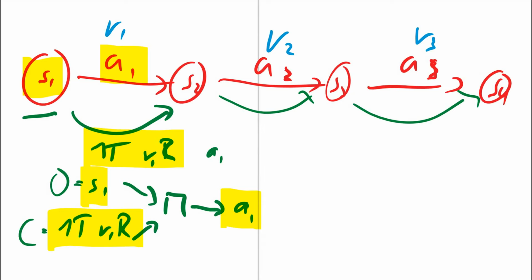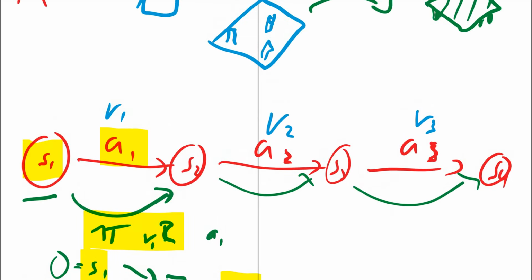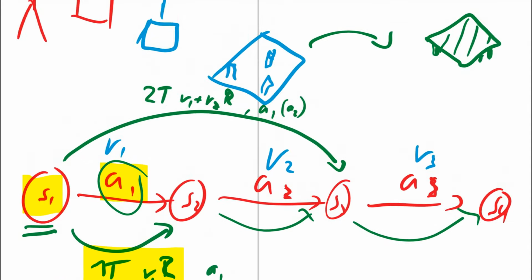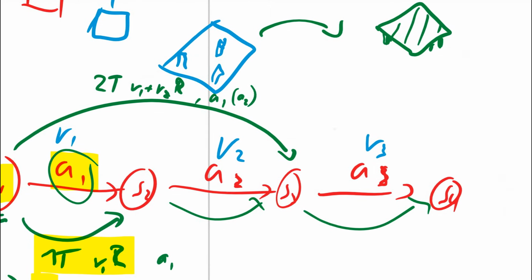But then you can also consider a two-step version. So you can say, I'm in state S1, and in 2 time steps I have achieved R1 plus R2 reward by doing actions A1, then A2, right? And A2 I'm going to put in parentheses, because what you want is to always consider the action that comes right after where you are now. So your training sample would be the following. I am in state S1, this would be my observation.